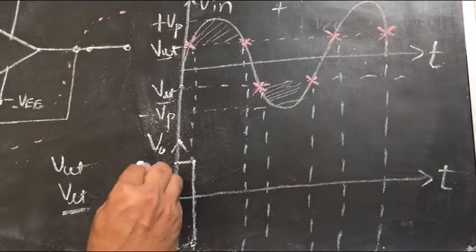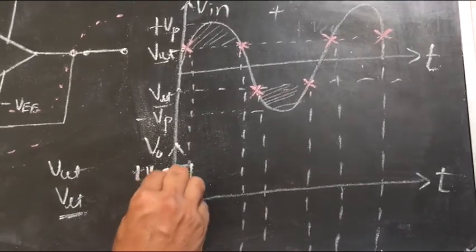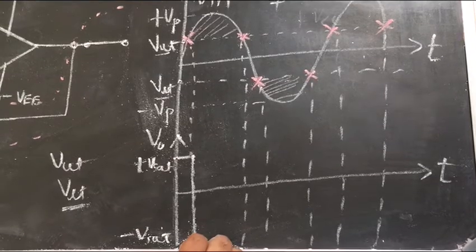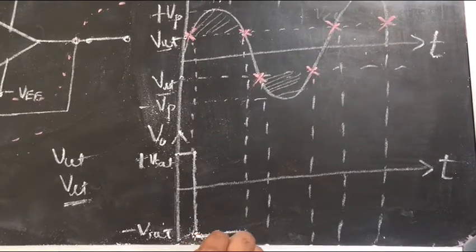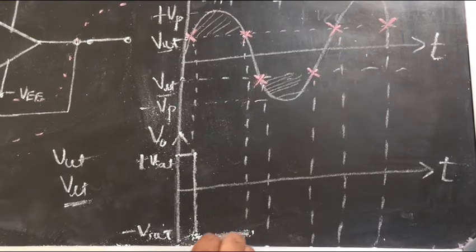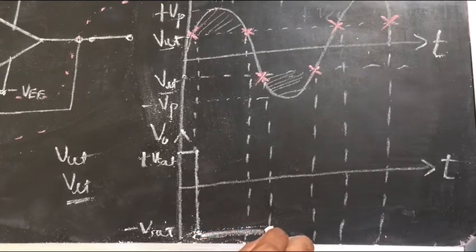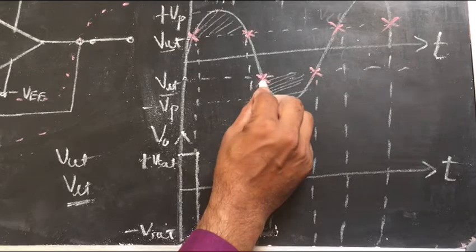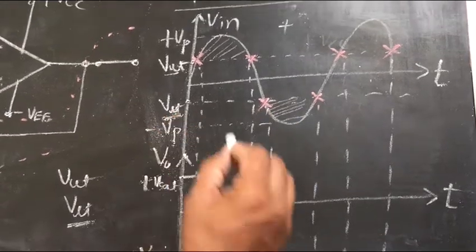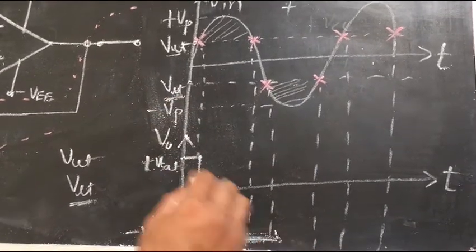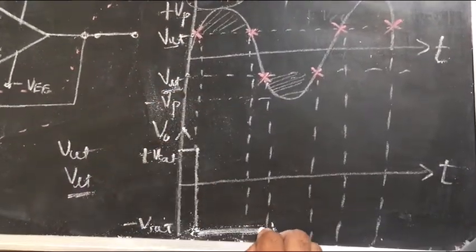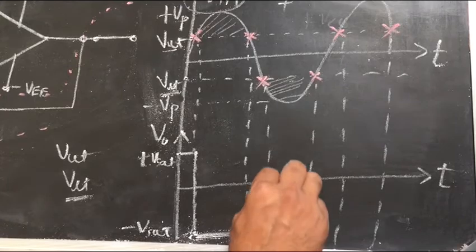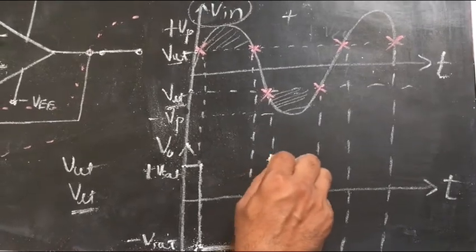This state remains the same until the input gets to the other reference voltage, VLT. When input voltage is less than VLT, now the output jumps from minus Vsat to plus Vsat, that is this point.